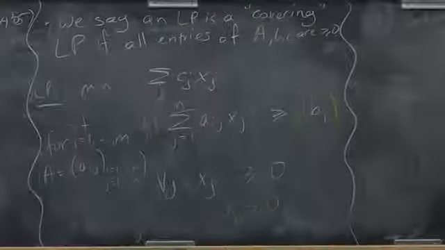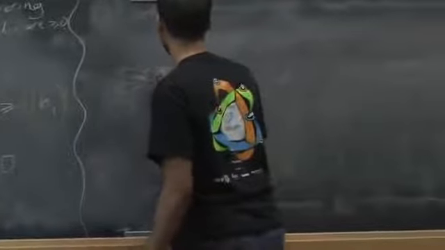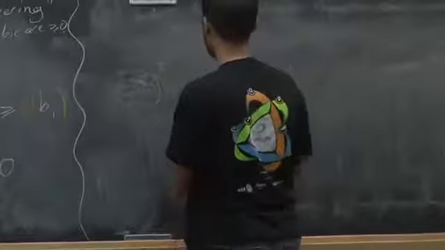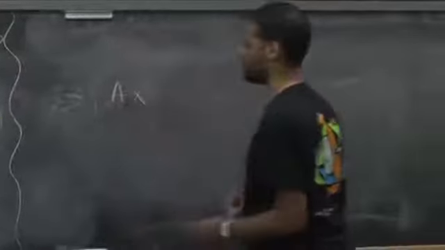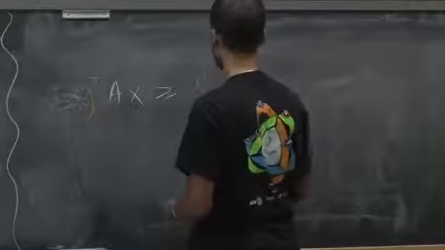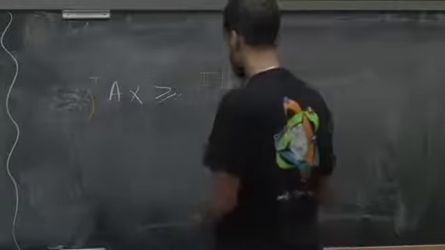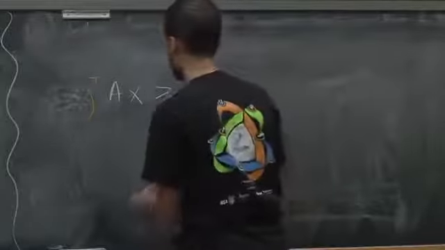If I sum them up over all i's, that means y transpose Ax is at least y transpose b, where, as before, x is bigger than or equal to 0 coordinate-wise, and also y is bigger than or equal to 0. As long as y is bigger than or equal to 0, I don't change the sign of the inequality.